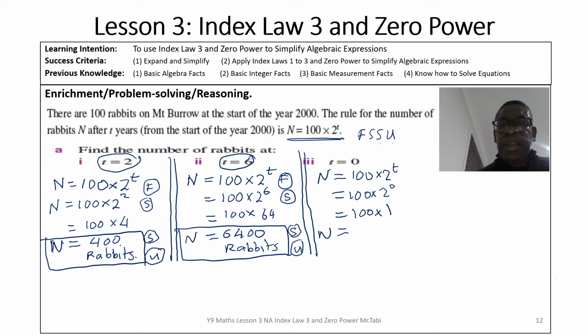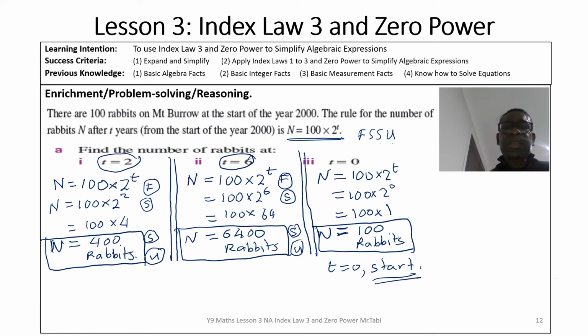So our n equals 100, which is the number at the start, because at the start we had 100 rabbits. t equal to 0 is at the start. So that is what it means.